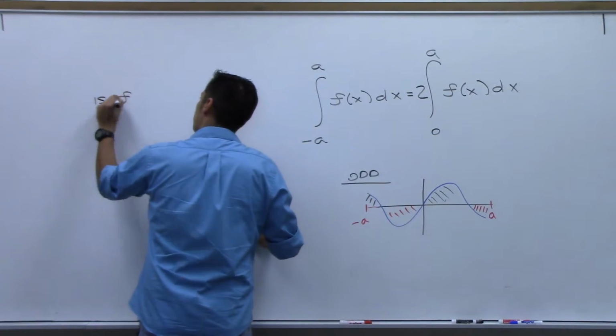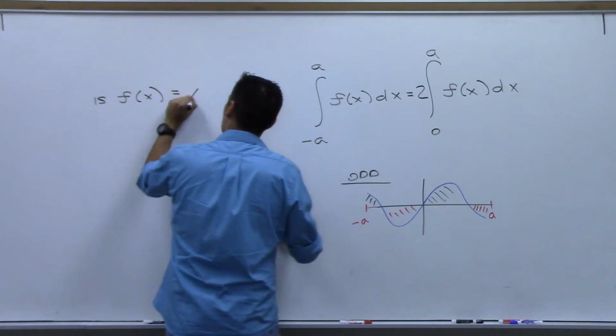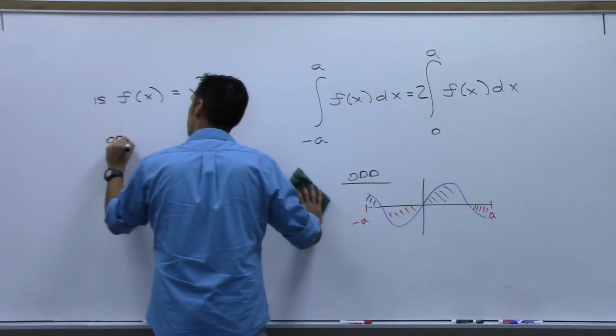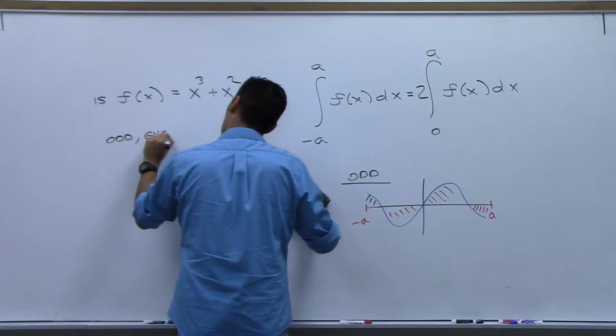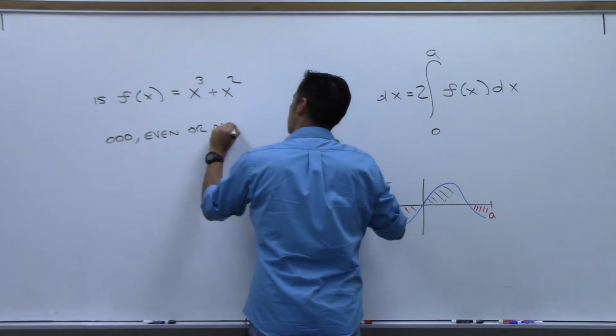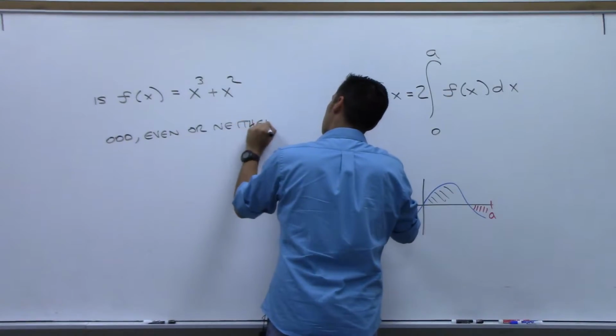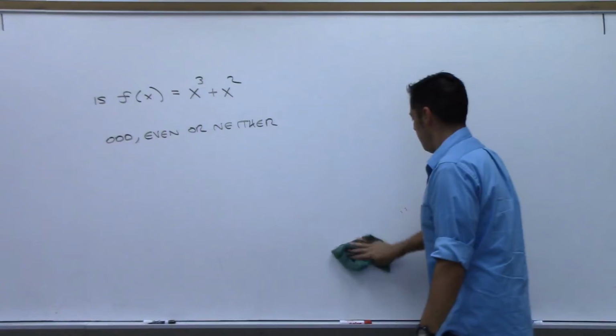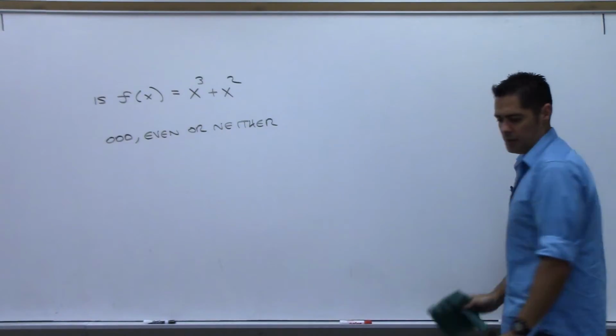Is f of x equals x squared, or x cubed plus x squared, odd, even, or neither? Neither. N-E-I-T-H-E-R, I before E, except after C.